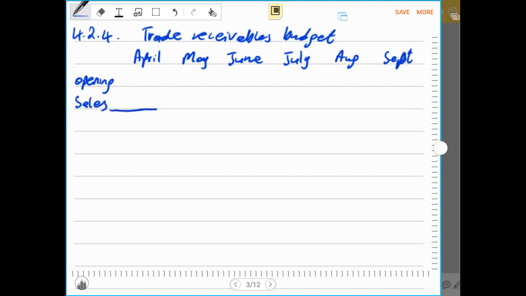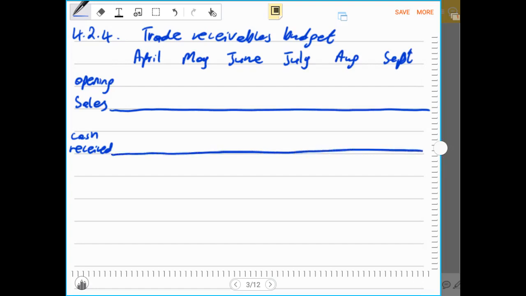Then we draw a line here. Then from here we will have cash received from customers. When customers pay, then we'll receive that cash. And after cash received from customers, we'll have the closing balance.